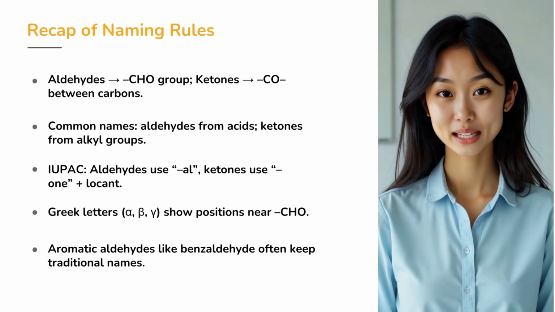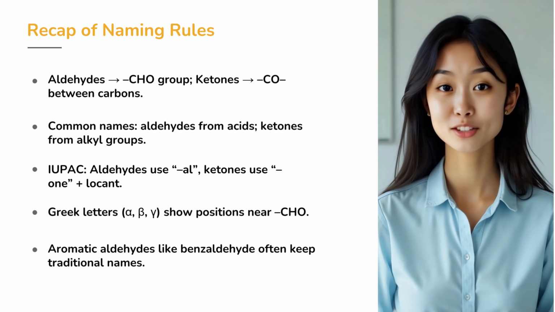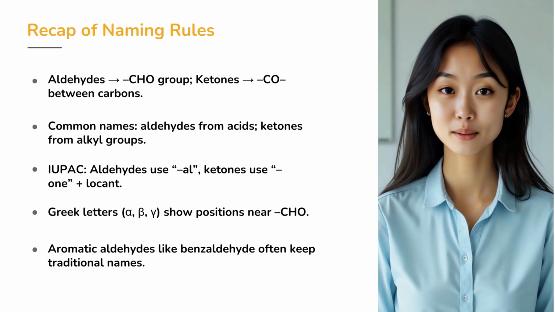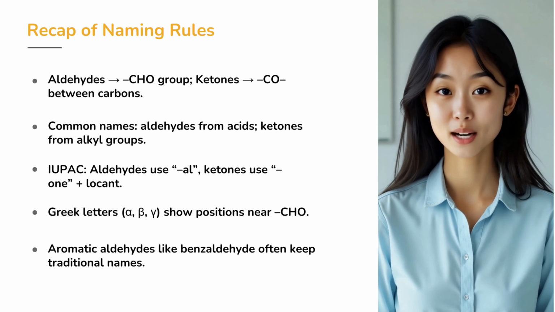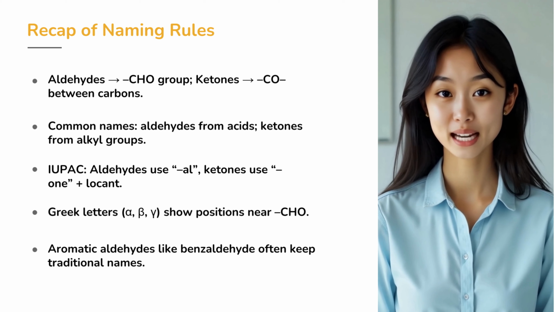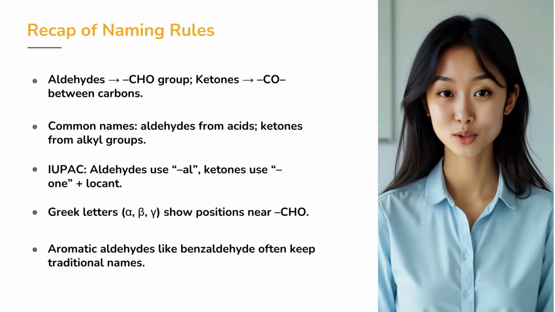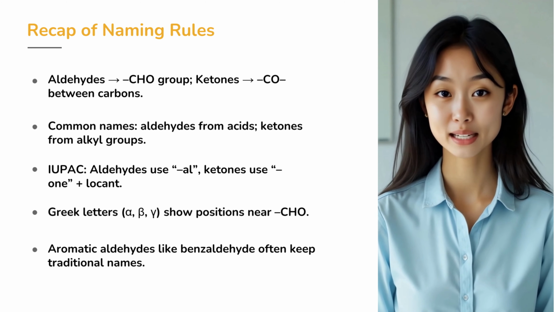Greek letter notation gives us a quick way to locate substituents, and aromatic aldehydes frequently retain their traditional names like benzaldehyde and vanillin. These naming conventions are not just rules, they are the language of chemistry, allowing scientists across the world to understand each other without confusion. I hope this helped you see how systematic and fascinating organic nomenclature really is.